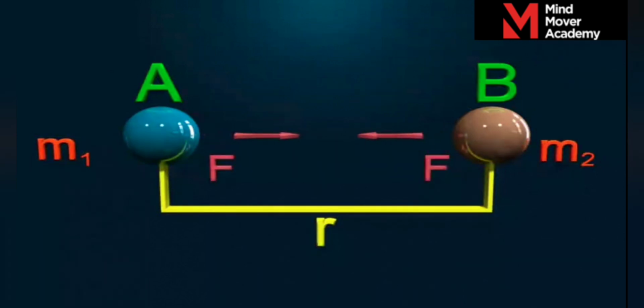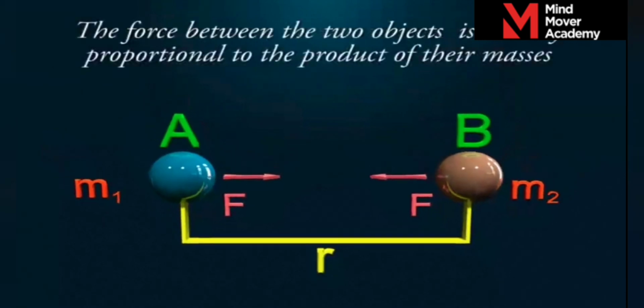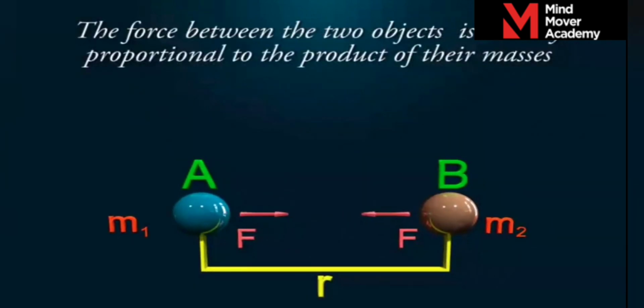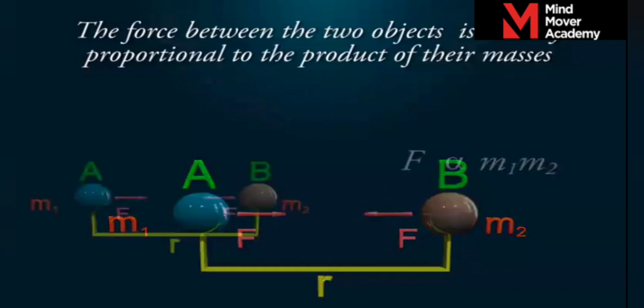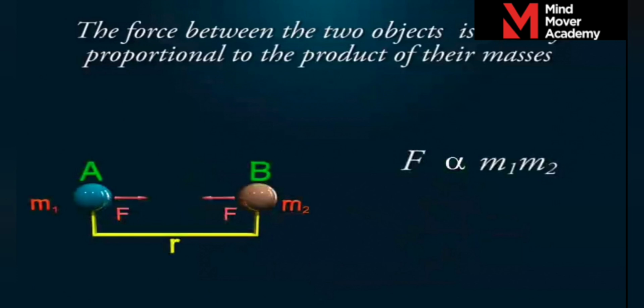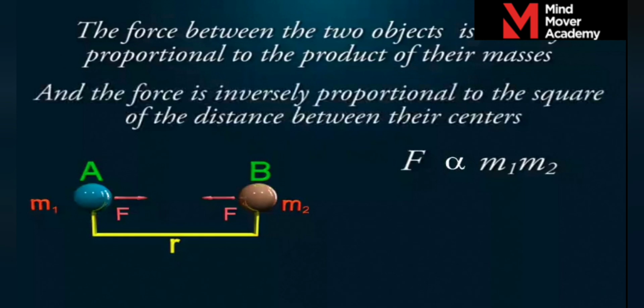If F is the gravitational force of attraction between these objects, then according to Newton's law of gravitation, the force is directly proportional to the product of their masses, and the force is inversely proportional to the square of the distance between their centers.